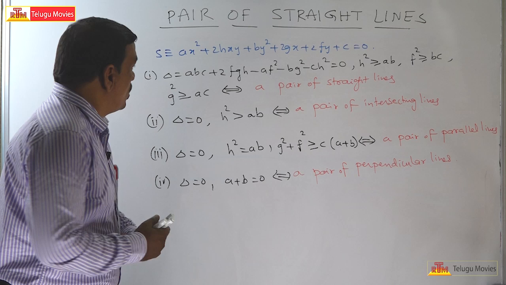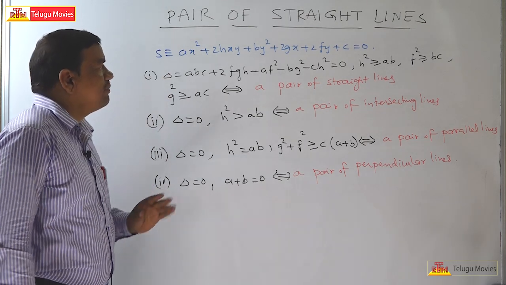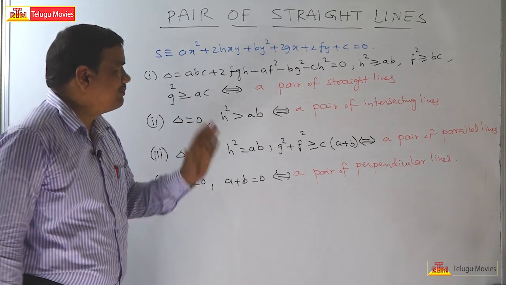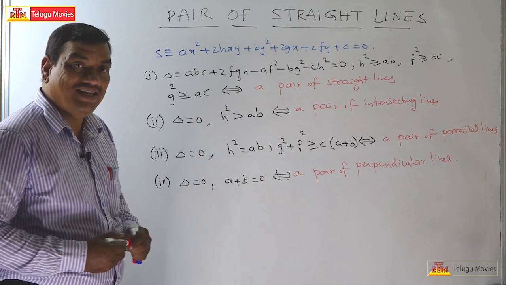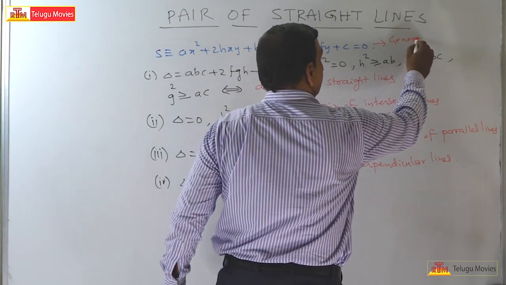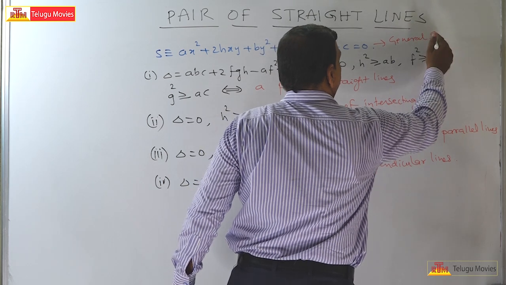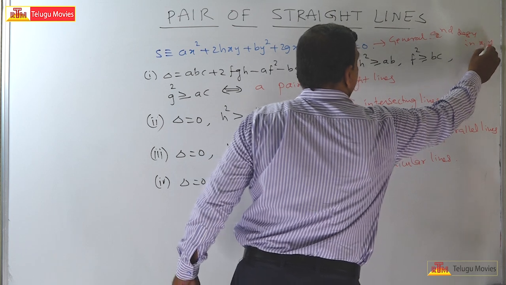Welcome back to this concept. If ax square plus 2hxy plus by square plus 2gx plus 2fy plus c is equal to 0, this is called the general second degree equation in the variables x and y.